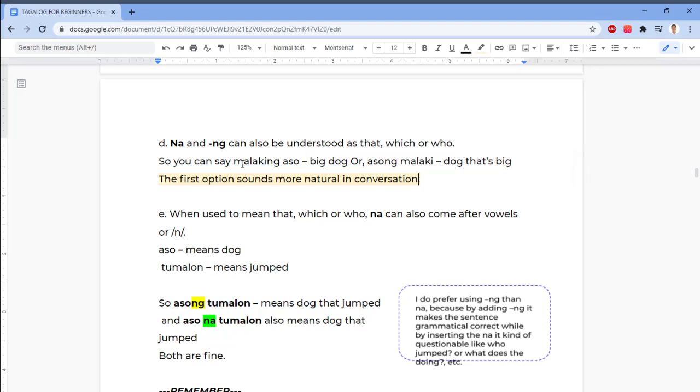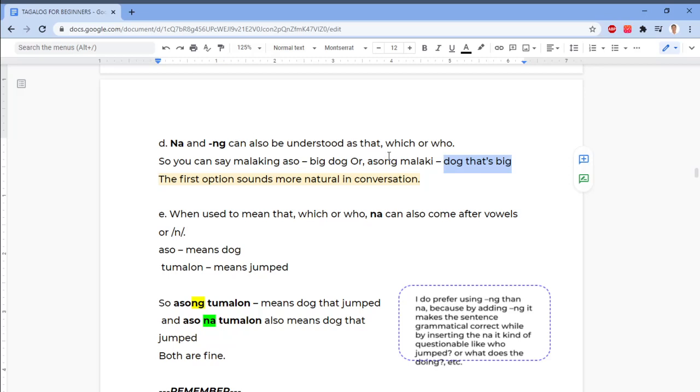Asong malaki sounds cringy to us Filipinos, so it's better to say malaking aso. We interpret it as: this dog is big. So it can also be understood as that, which, or who.